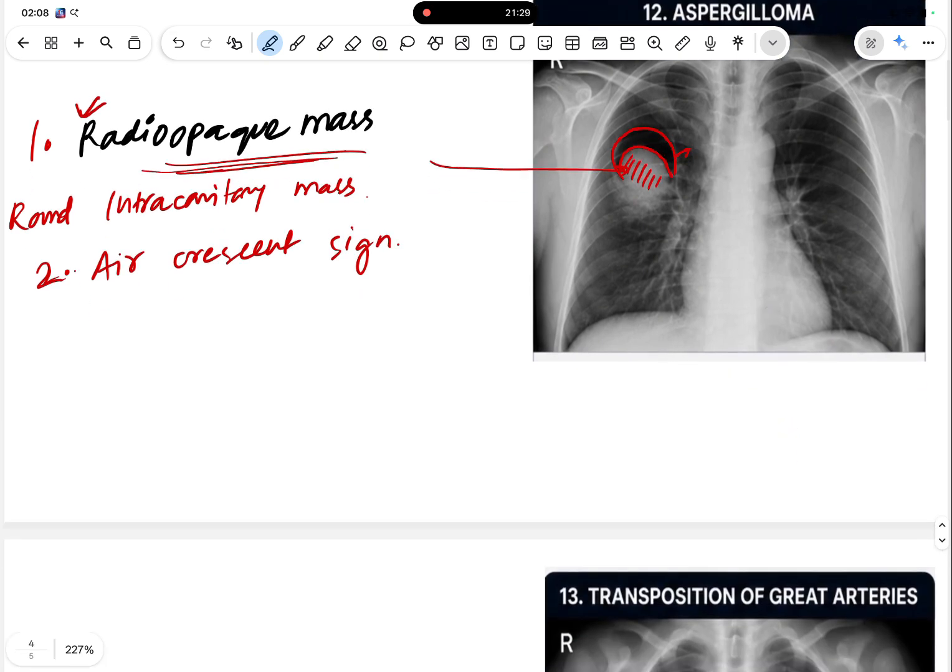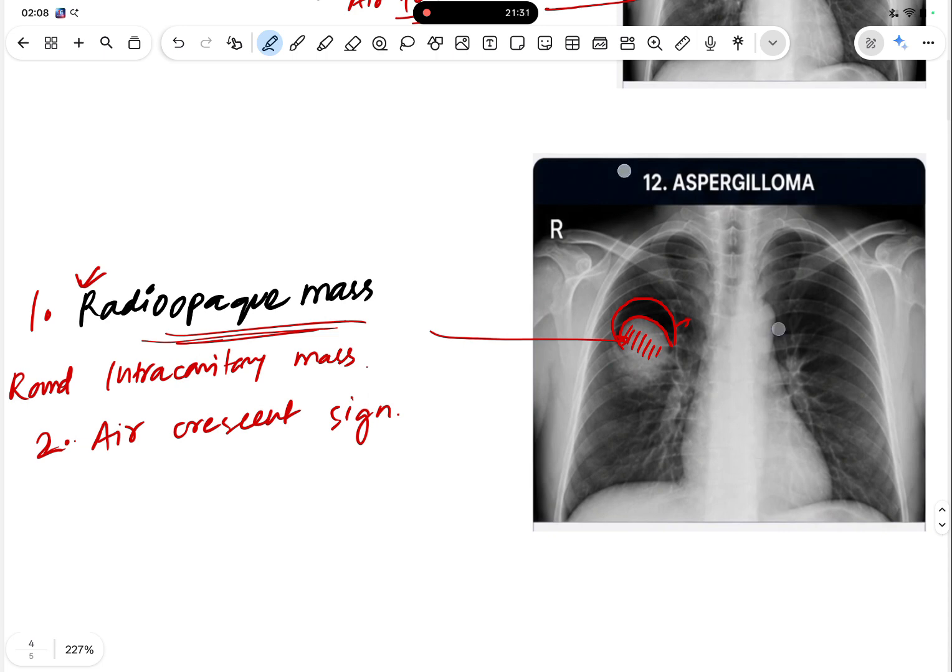So this is an example of aspergilloma, also known as fungal ball. Fungal ball is caused due to aspergillosis.